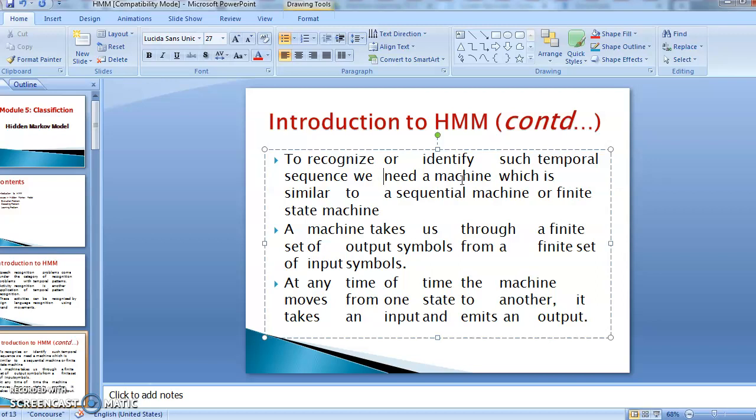From the given input signal, we combine all transitions and get to some output symbol. So there is a finite set of states through which the machine makes transitions. At a time, the machine moves from one state to another state, takes the input, and with the help of that transition, the machine goes to the final state.